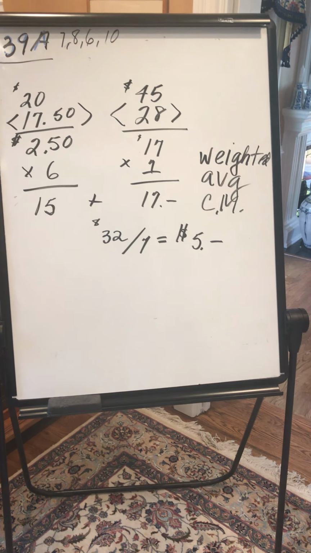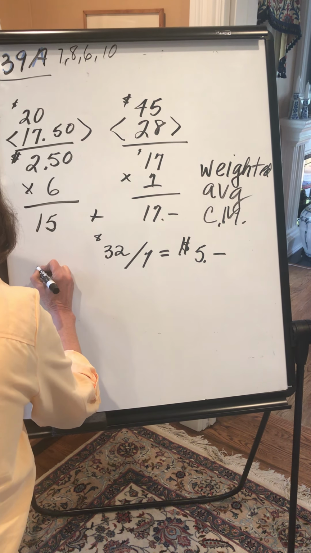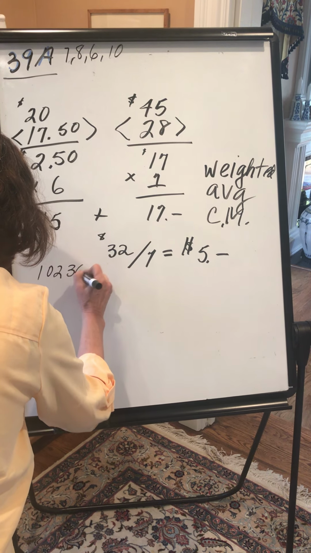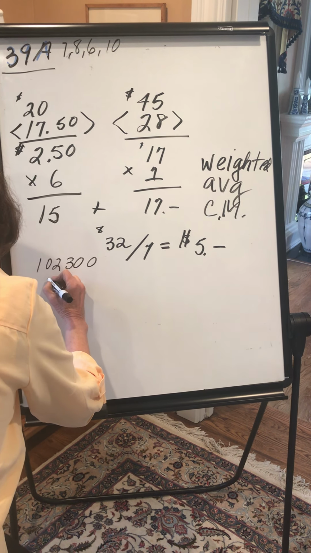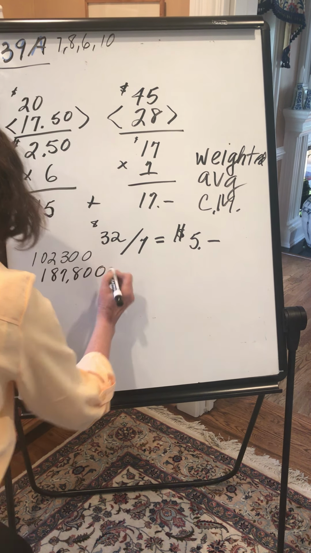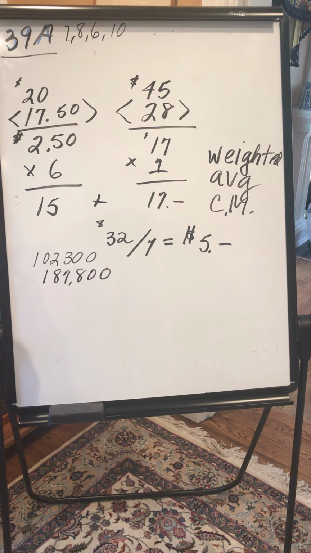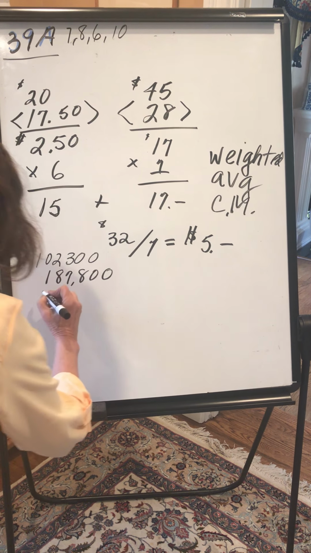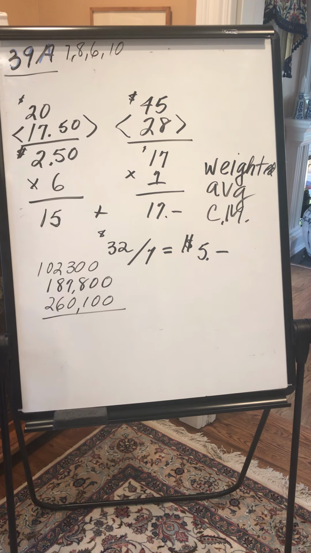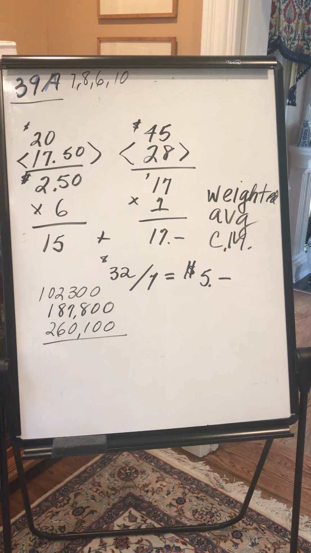So the fixed costs are 102,300 plus 187,800, and they still wanted to earn that profit they talked about of 260,100. So here's our top number, our fixed cost plus our desired profit.